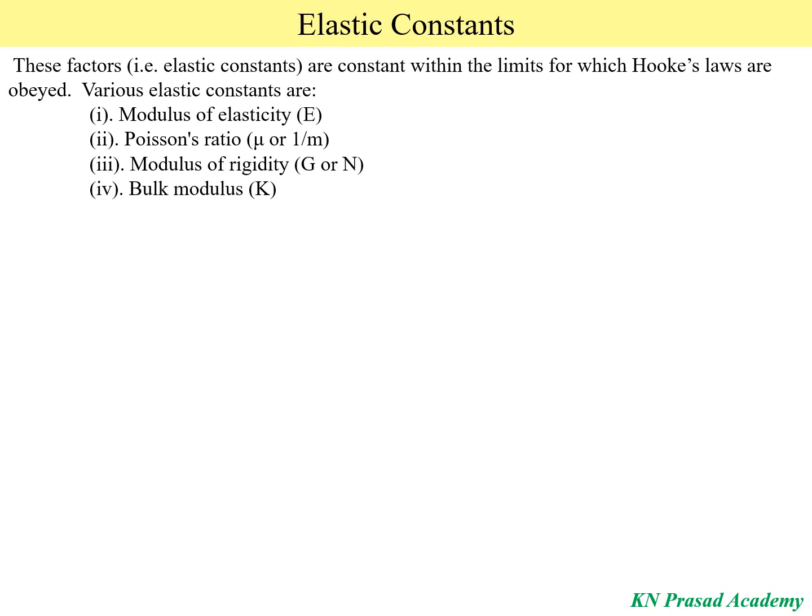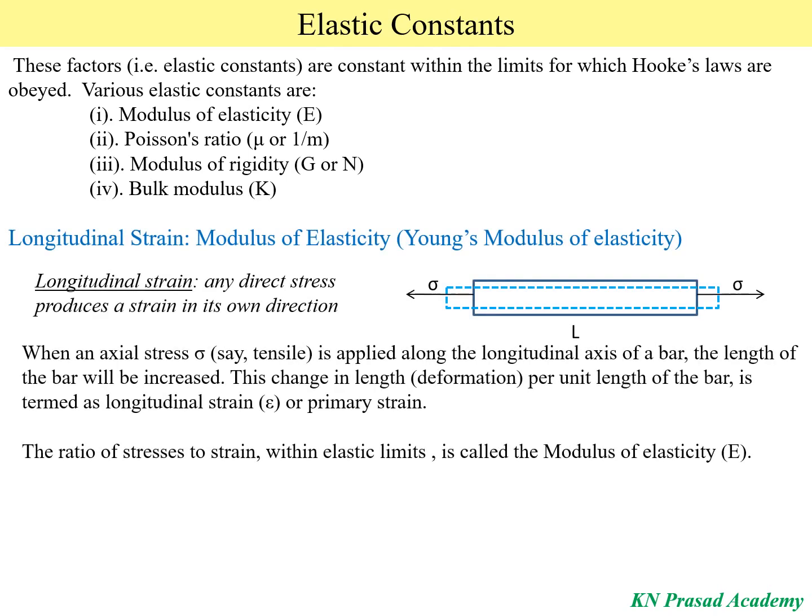First we have to discuss the types of strains. The first one is the longitudinal strain. For the longitudinal strain, the type of elastic constant is the modulus of elasticity, or Young's modulus. So first we have to see what we mean by longitudinal strain.